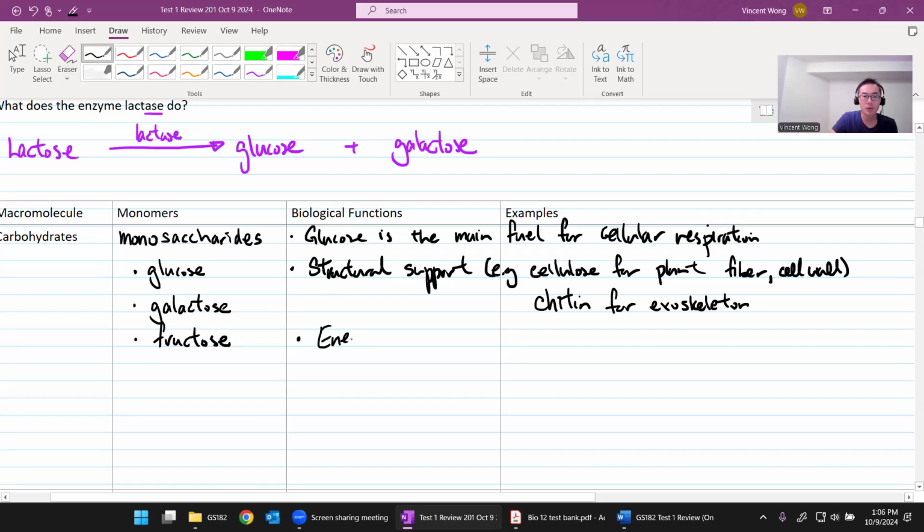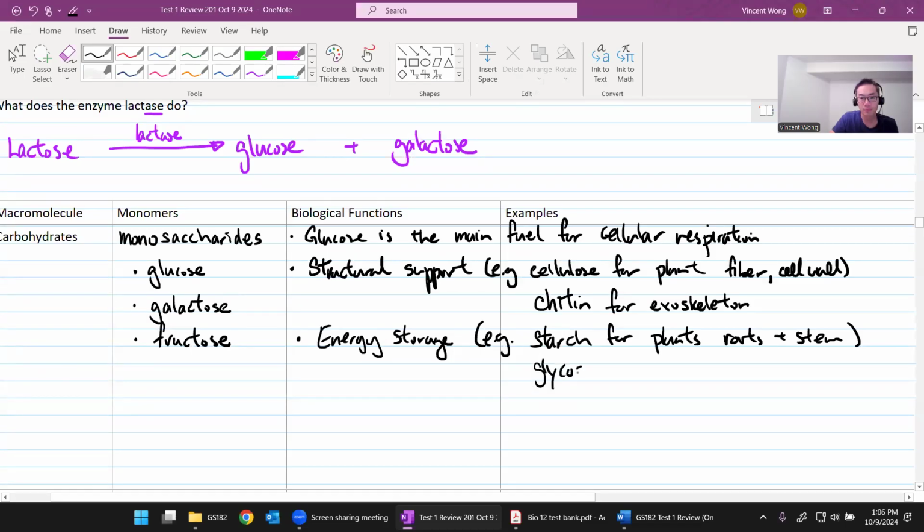You were saying energy storage, and that would be starch for plants in the roots and stem. And for humans, glycogen, which is found in where?